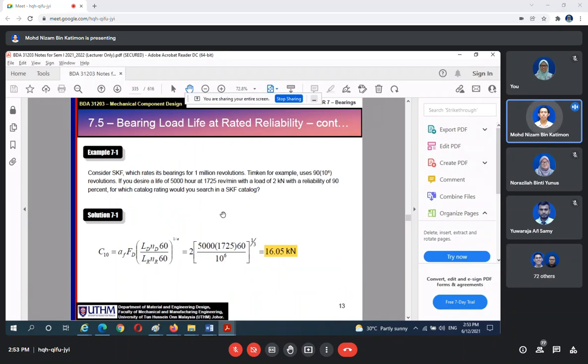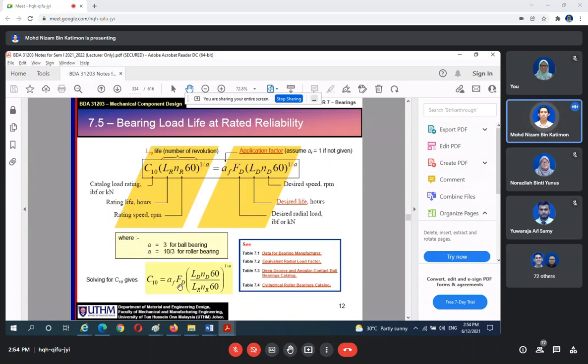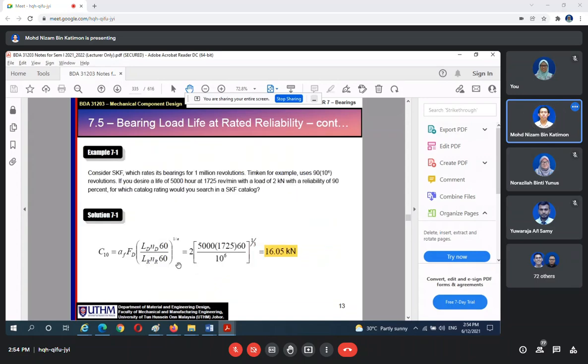In our case, we want to know the catalog rating if you want to select the bearing. So we use the basic equation, C10 equals A_F F_D L_D over L_R.